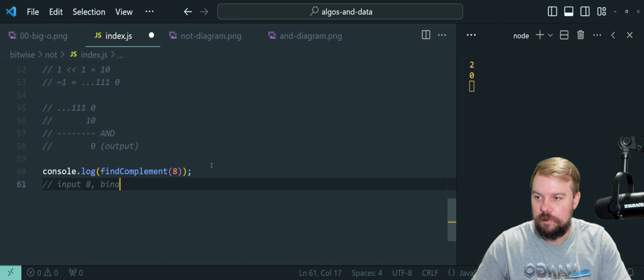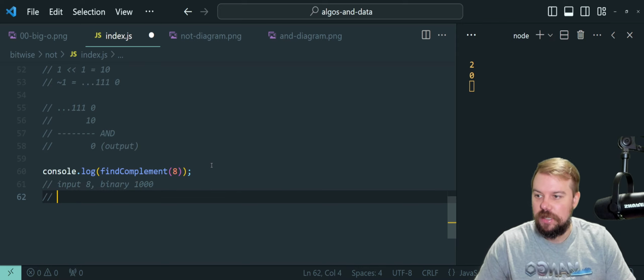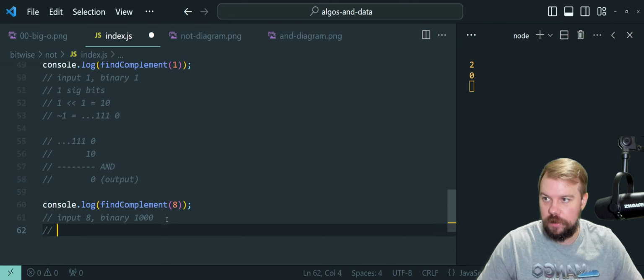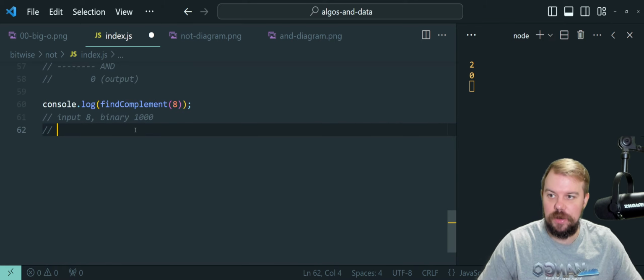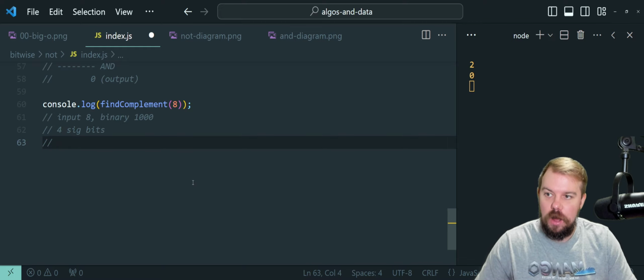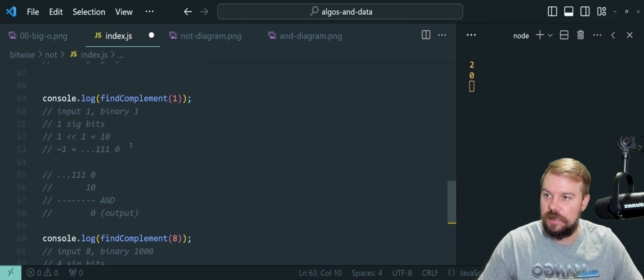input 8, binary 1000. That significant bits, it'll calculate as 4, right? So 4 sig bits will be the calculation. Our mask in that case will be 1 shift 4. Oh, I forgot to, oh goodness. How did I wind up with the right answer?